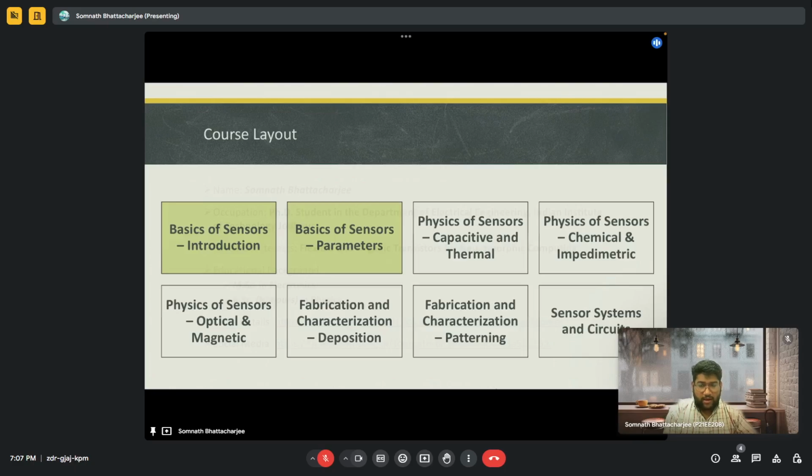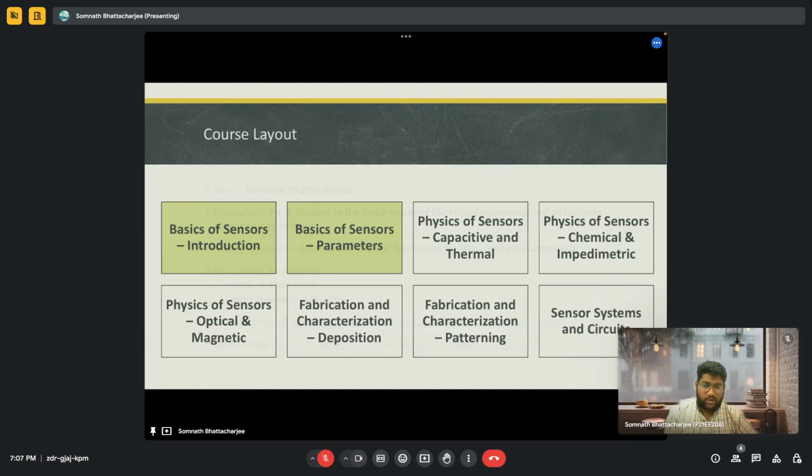As you can see, the total course was divided into which kind of sensor we need, how to characterize the sensors, and whether the sensor is perfect for our use case or not. Then we learned different types of sensors, whether it is a capacitive sensor, whether it works in the impedance region, or on the basis of optical or light intensity.